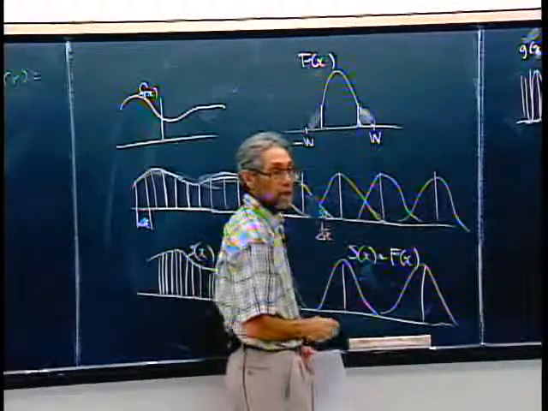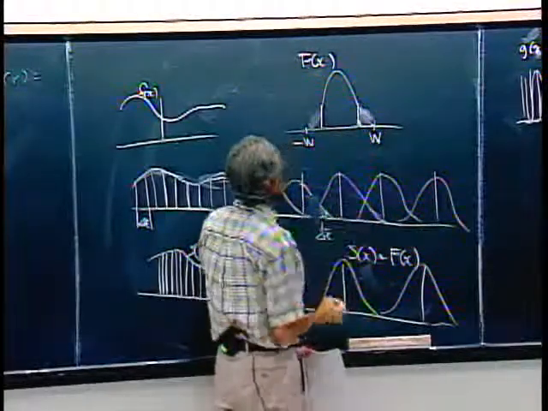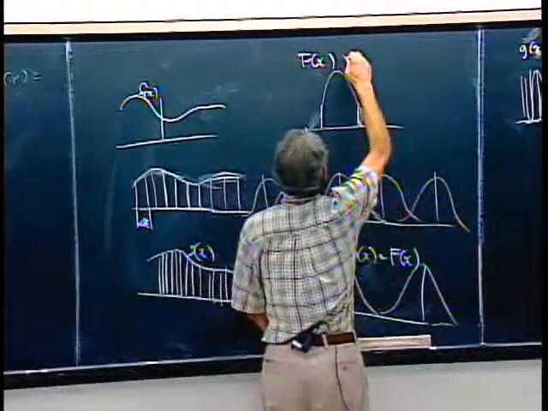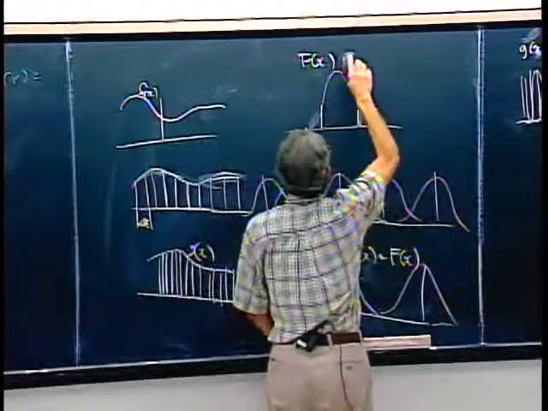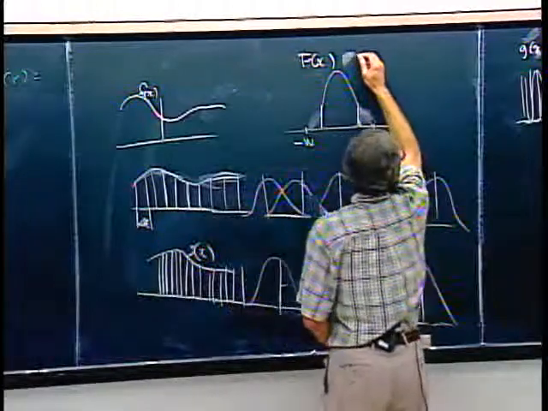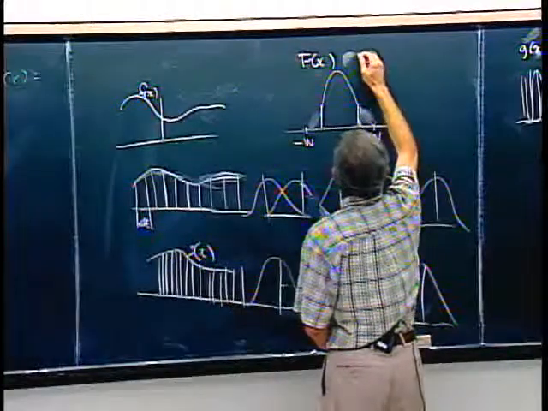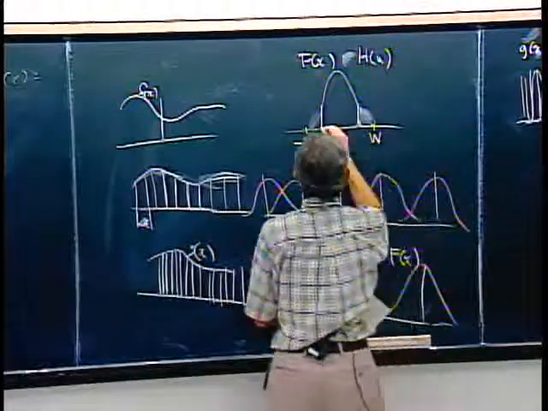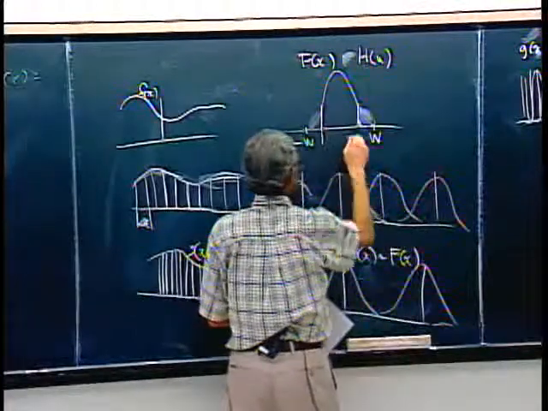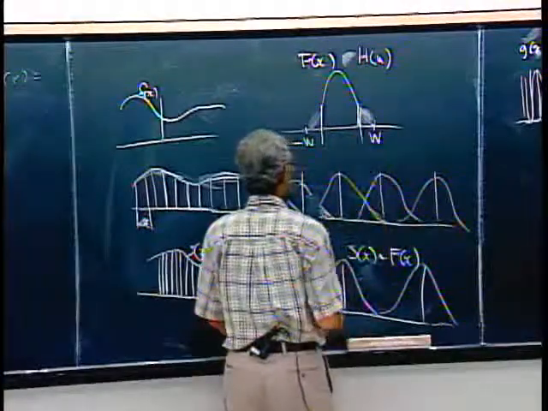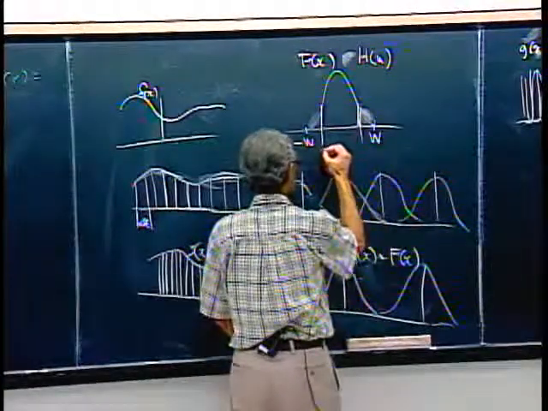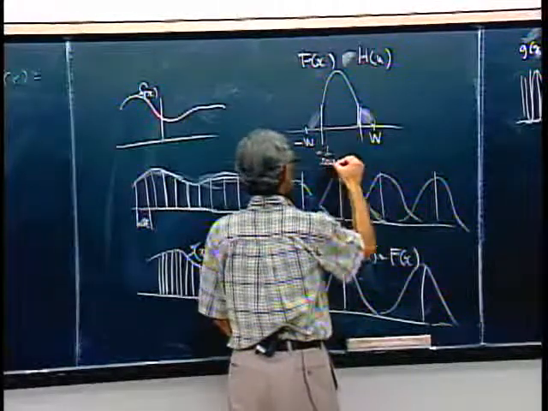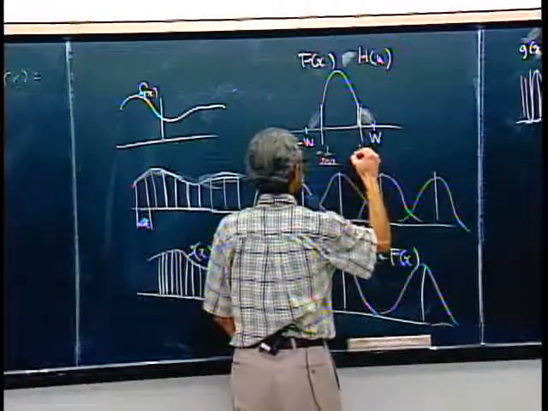right? So to throw that part away, we have to multiply f of x times, let's see, what am I going to call it here? Maybe h of u, where h of u is something which goes from, say, minus 1 over 2 delta x to 1 over 2 delta x.